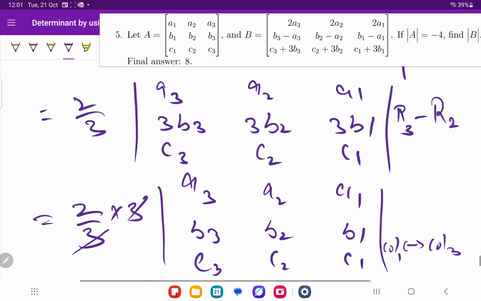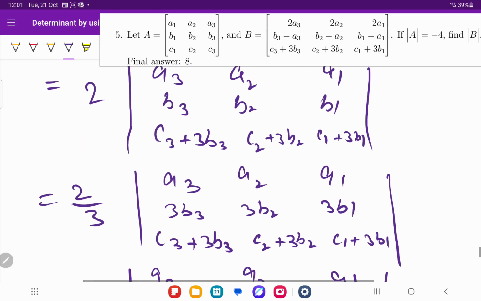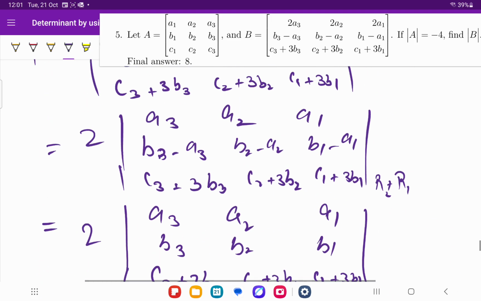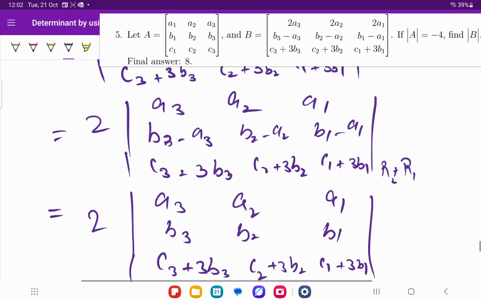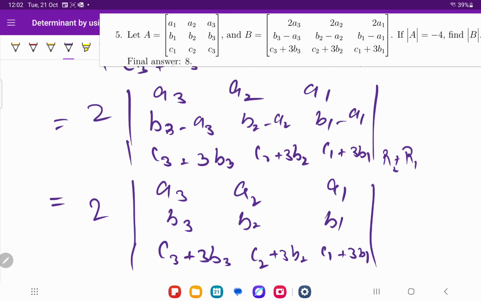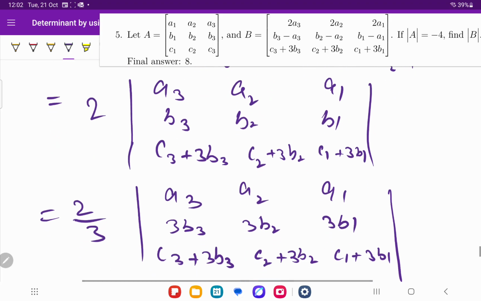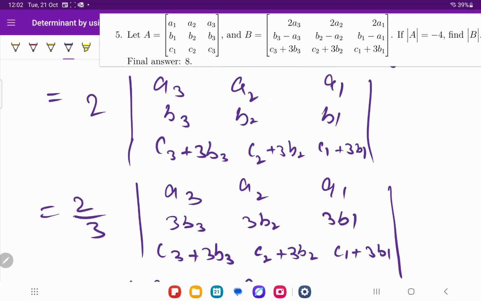I'm starting the recording again and will go over what we have done. At this point, first of all, we have taken 2 outside from row 1, and A3, A2, A1 is remaining. Then we add row 1 with row 2. When we are adding, A3 plus minus A3 will cancel and B3 will remain, and similarly B2, B1. At that point, we again multiply by 3.